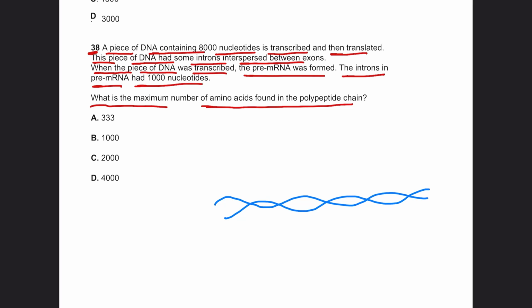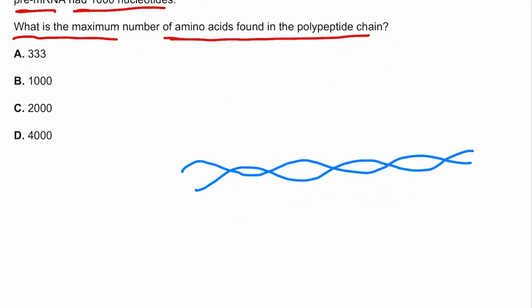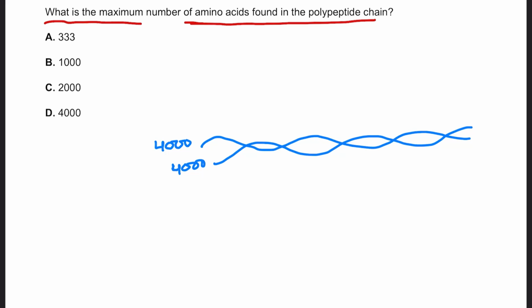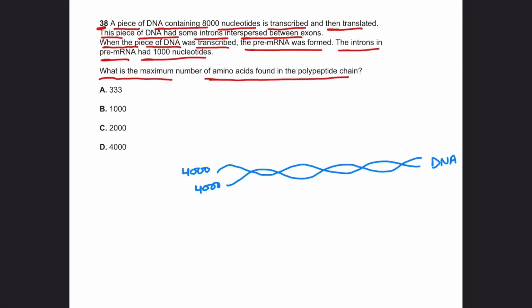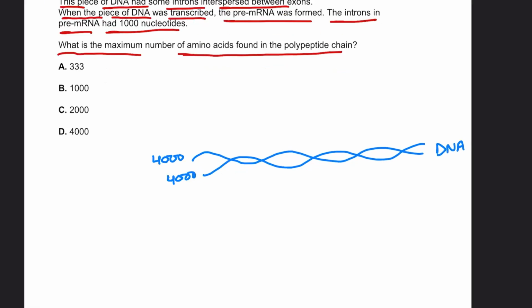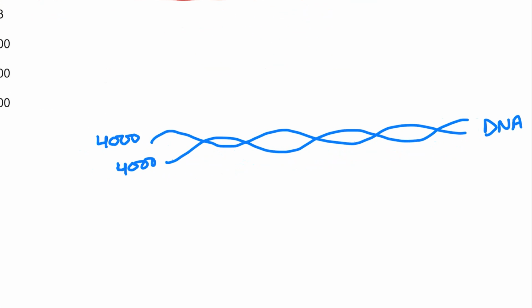This piece of DNA contains 8,000 nucleotides, which means that every strand contains how many nucleotides? 4,000 nucleotides. Okay. Then they say that this piece of DNA is transcribed. Before this point, they said that this DNA contains introns interspersed between exons. So as you all know, introns are what?